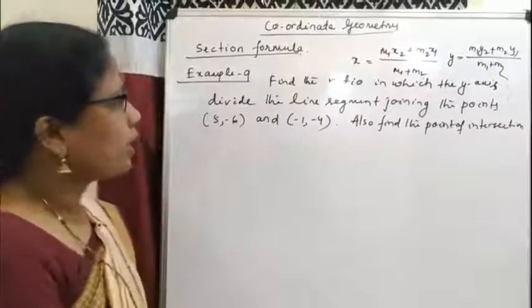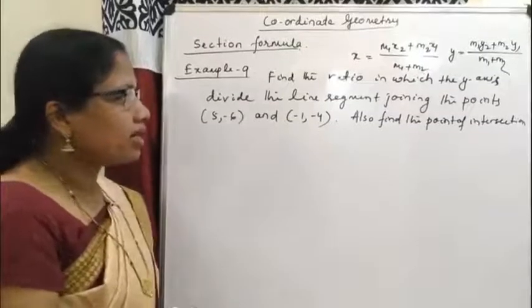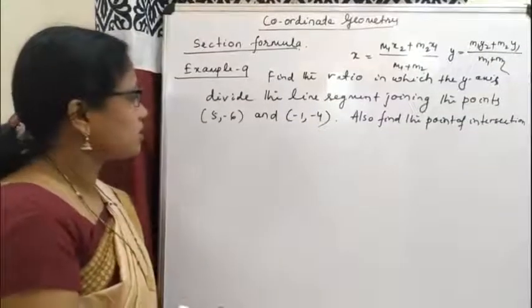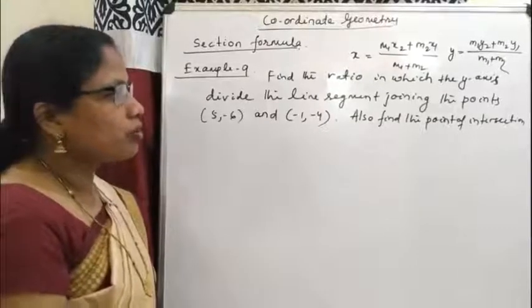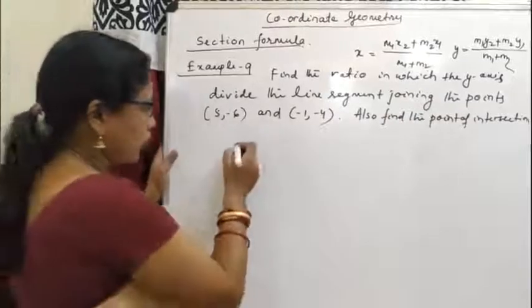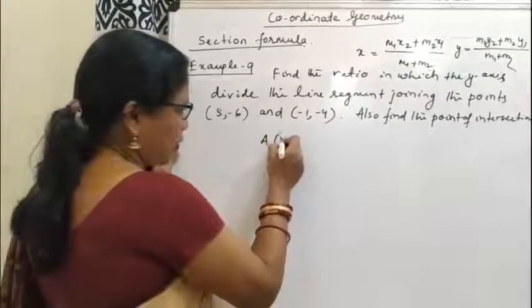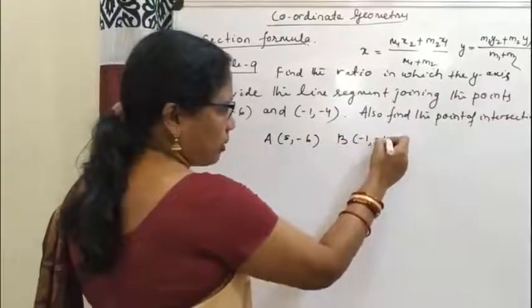Next example, find the ratio in which the y-axis divides the line segment joining the points 5, minus 6 and minus 1, minus 4. Also find the point of intersection. So here let us take 2 points A 5, minus 6 and B minus 1, minus 4.